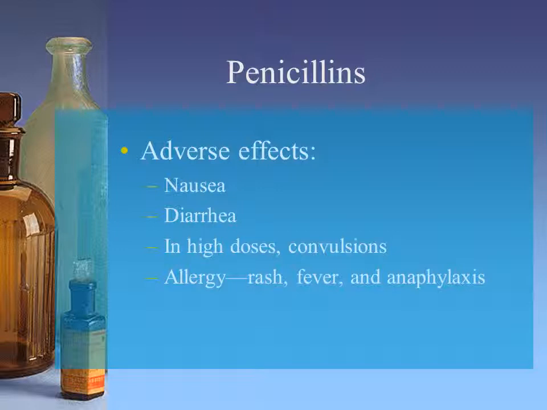You may see things like hives, rashes, fever, and then it could lead to the very serious conditions, convulsions and anaphylaxis. Anaphylactic shock is where the entire body goes into a histamine release and it literally shuts off airways and fills everything with fluid. That is the most serious reaction that we do see, sometimes from people who have penicillin allergies.